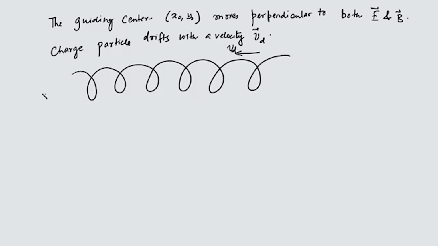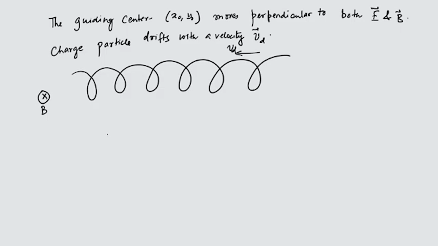And in particular, suppose you have B pointing inside the screen, which is usually represented by a cross, because when you see the back of an arrow it looks like a cross, which means it is going into the plane of the paper.